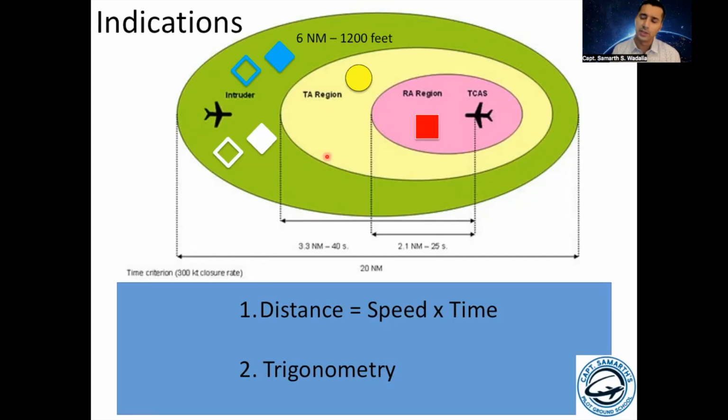Let us say this traffic continues to fly towards you and gets into a place where TCAS senses that in the next, let's say, 40 seconds, you could potentially collide with this aircraft, which means this traffic has now entered your TA region. When this traffic enters your TA region, TCAS will give you two alerts, an oral alert and a visual alert.